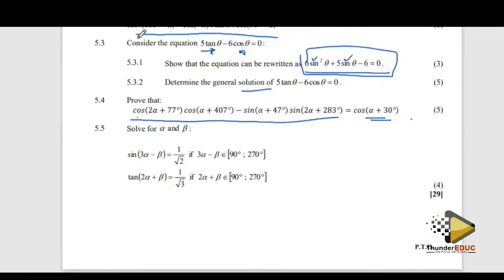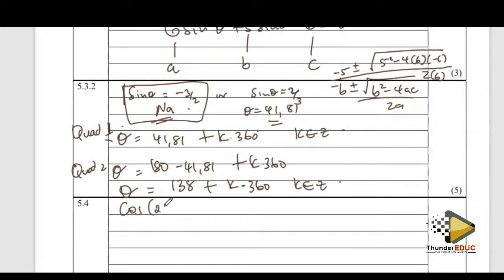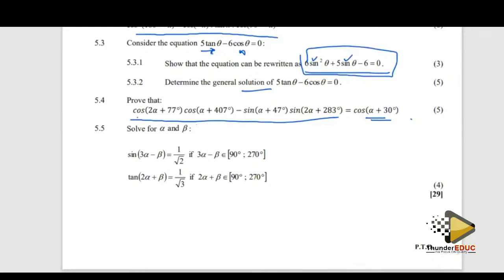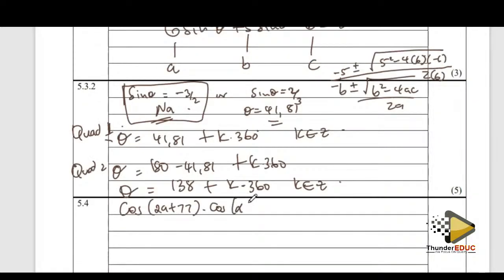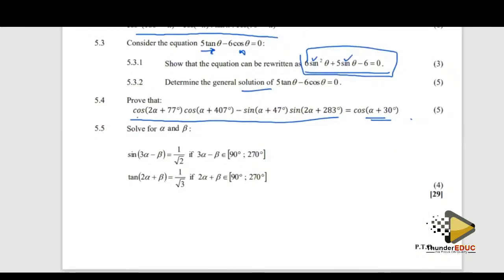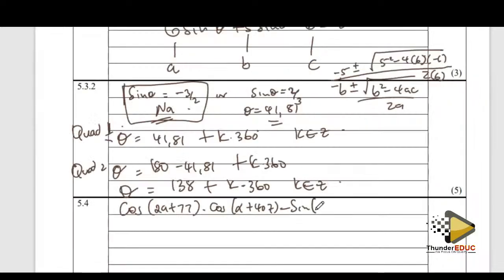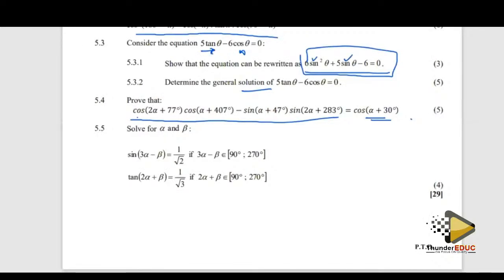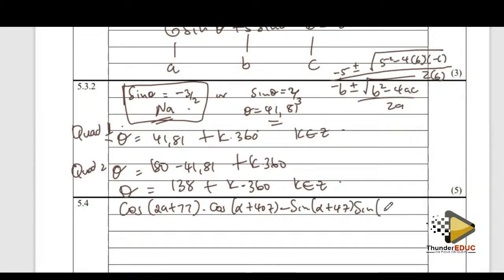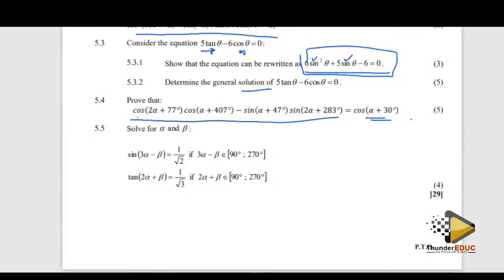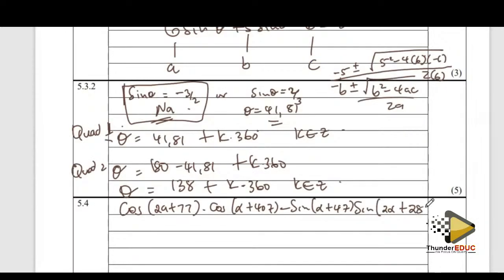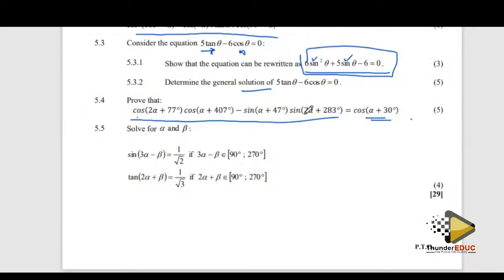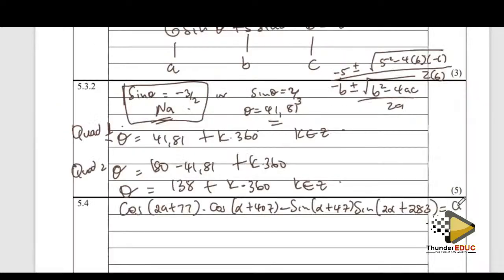So we have cos(2α + 77) cos(α + 47) minus sin(α + 47) sin(2α + 283) is equal to cos(α + 30).